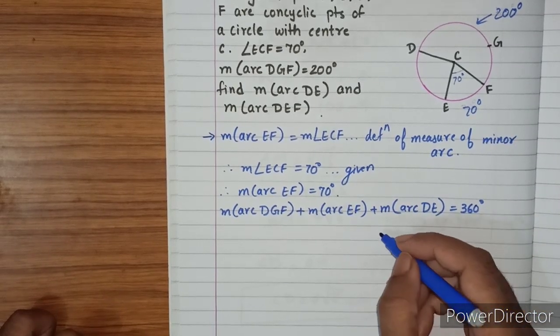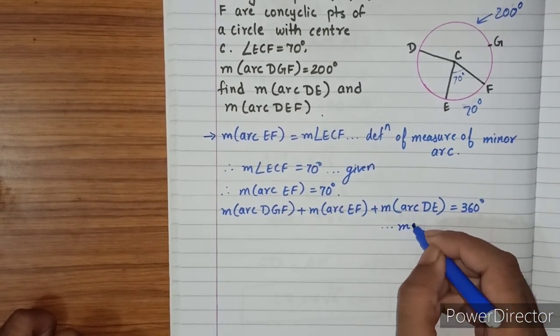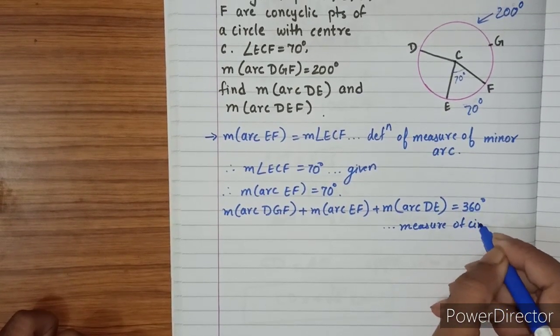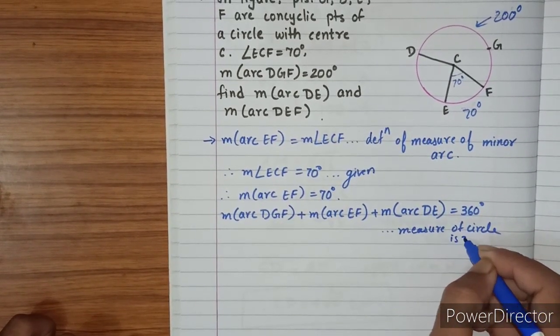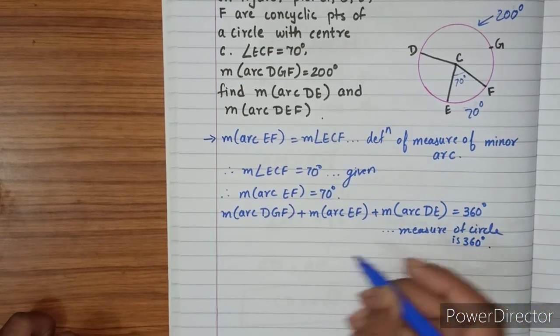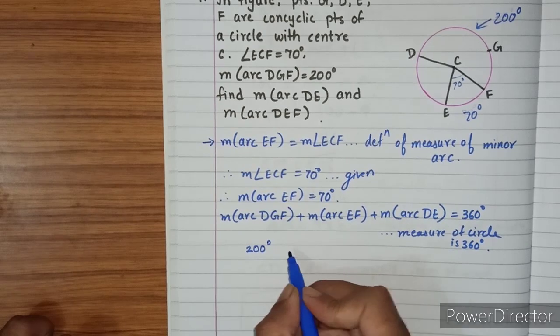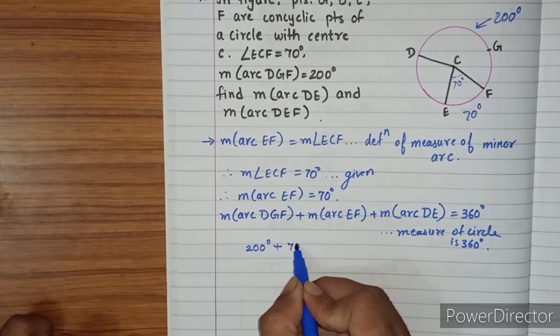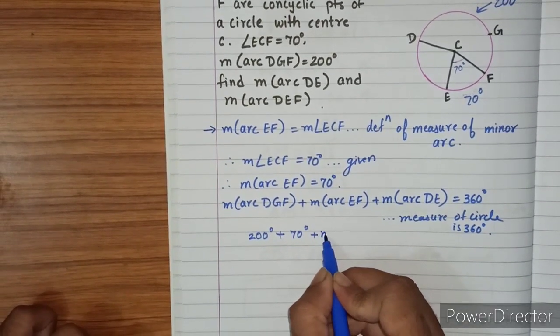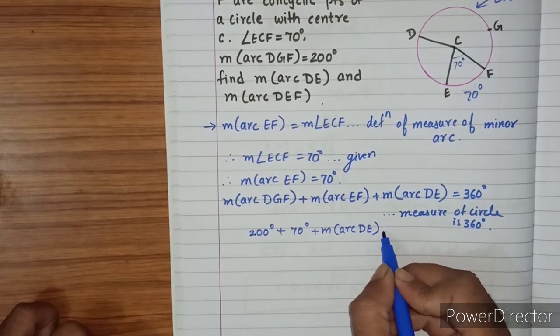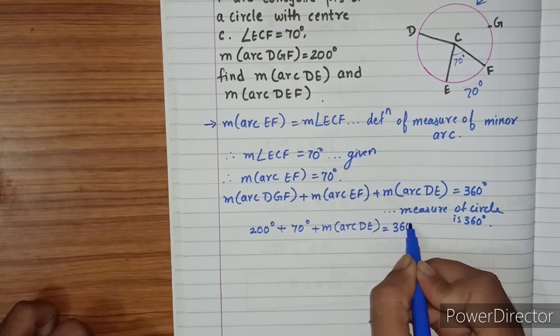Why? Measure of circle is 360 degree. Now let us substitute. This is 200 degree plus 70 degree plus measure of arc DE is equal to 360 degree.